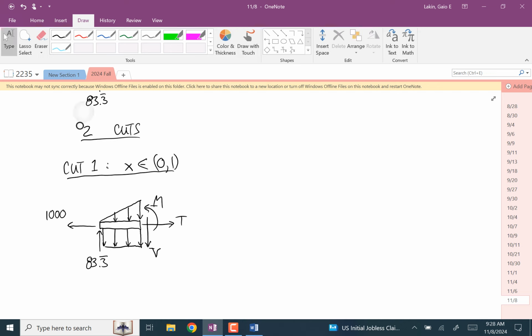Well, the height of this triangular distributed load, well, let me do the easy one first. This uniform one is still the same. But the height of this triangular distributed load isn't going to be 500 anymore. So what we have to do is come up with, this thing has a length of x. So we have to come up with a function for that diagonal line, the hypotenuse, as a function of x.